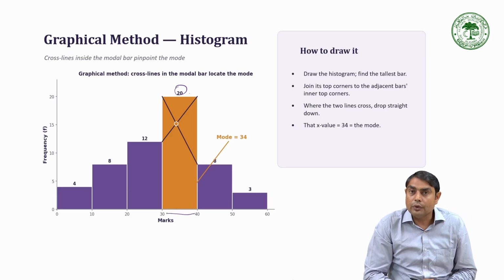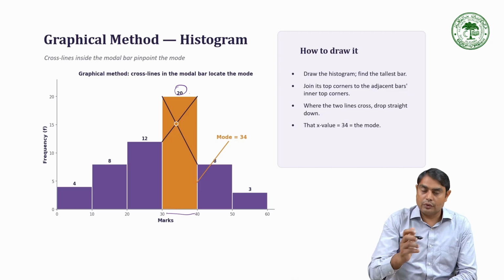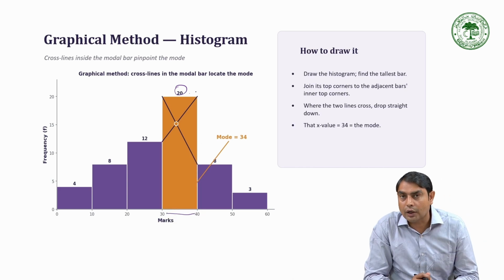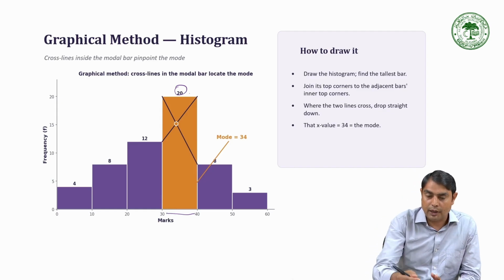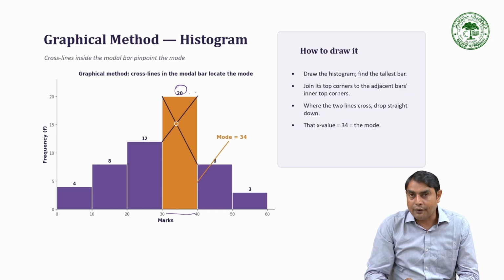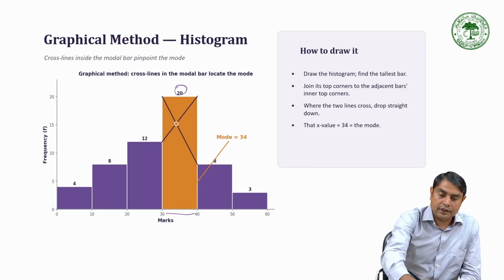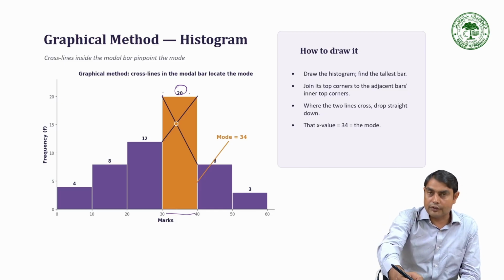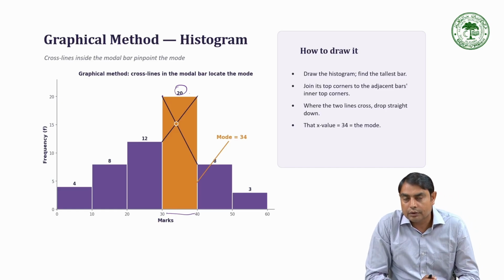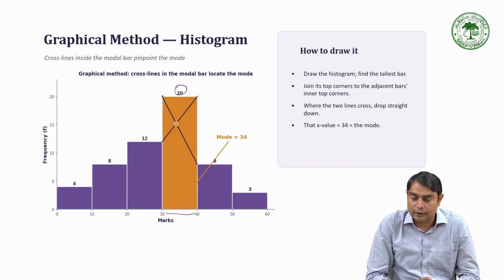Then I have to draw a line starting from the corner of the previous bar, and it should touch the corner of the current range bar, like this, right? Similarly, I have to draw a line from the left-hand corner of this bar to the corner of the next succeeding bar.